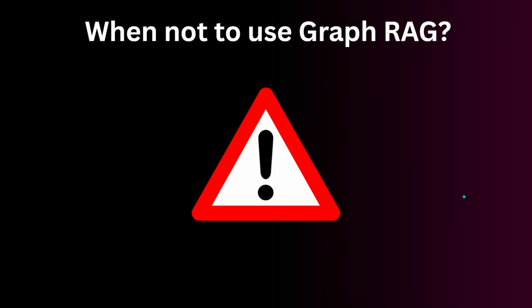So before jumping in, ask yourself, do I really need multi-hop reasoning? And are there complex dependencies or conditional rules in my data? If the answer is yes, GraphRAG can be a game changer. If not, a simpler RAG pipeline might be more than sufficient and easier to maintain. It's about using the right tool for the right problem, not over-engineering it.